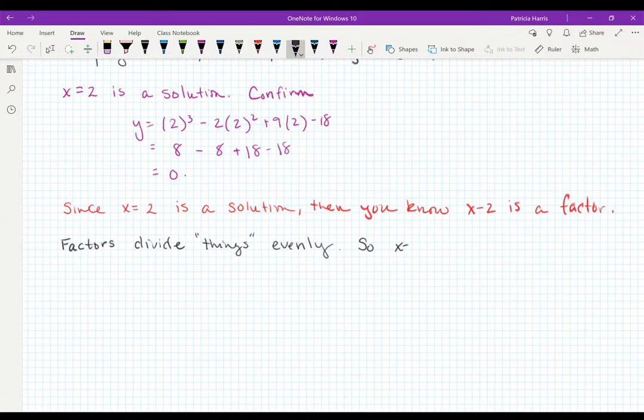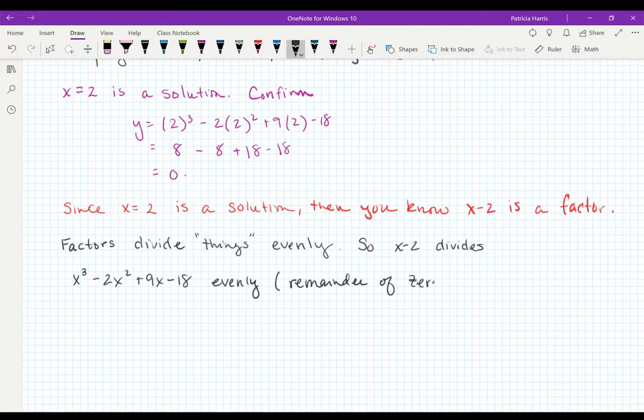I know that x minus 2 is going to divide that evenly. So you have a remainder of 0.